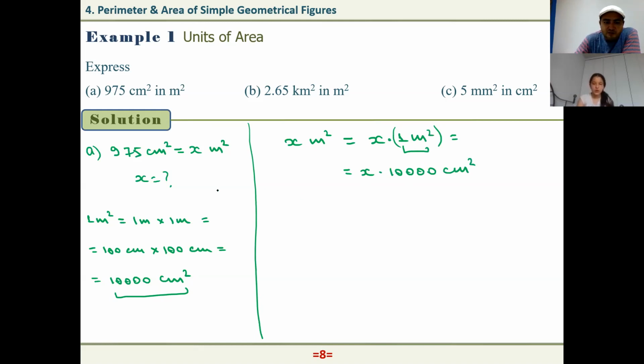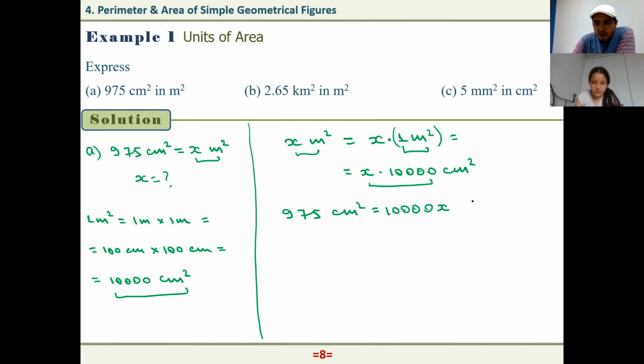Now if I simplify this, instead of this x meters squared, I will substitute this thing. On the left-hand side, we have 975 square centimeters equals, on the right-hand side, what is x times 10,000? That is 10,000 x. And here we have centimeters squared.